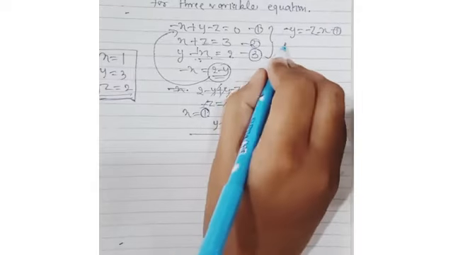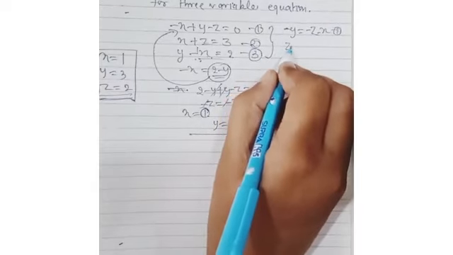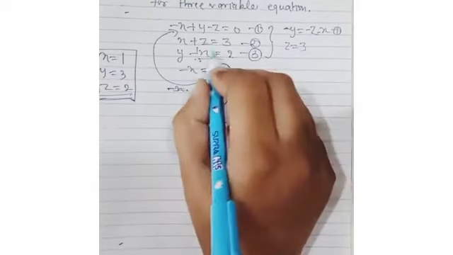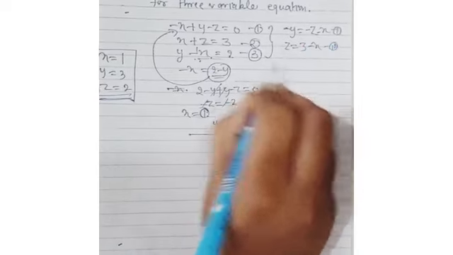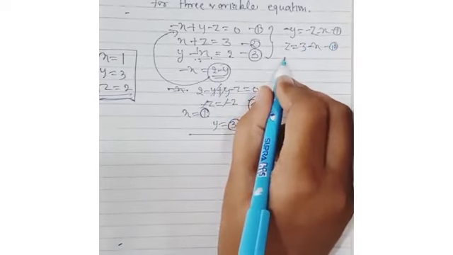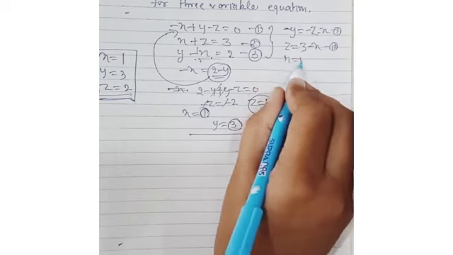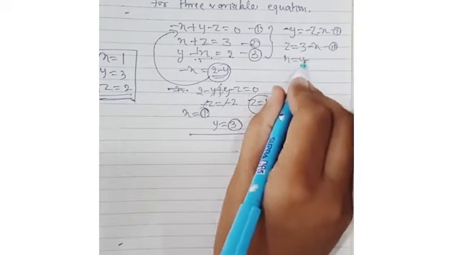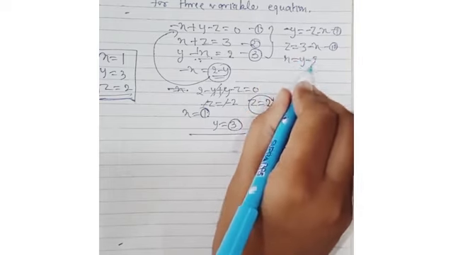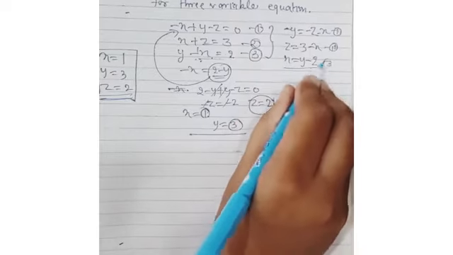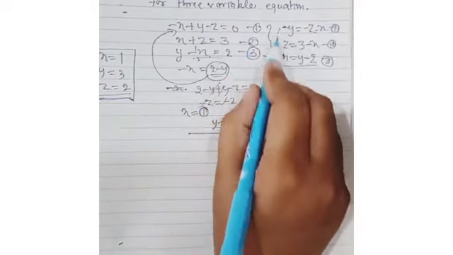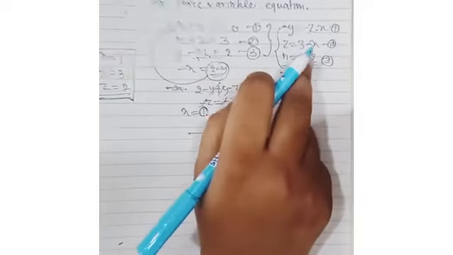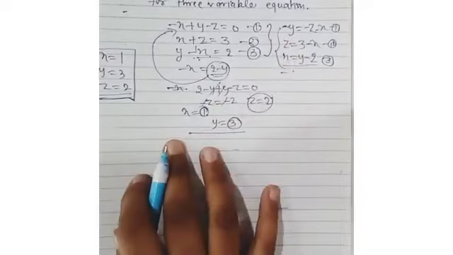And from here I can do 3 minus x, so it's 2, and from here I can do x equal to y minus 2. So now I have got my equations in this form, so that I can easily put these equations on my analog computer.